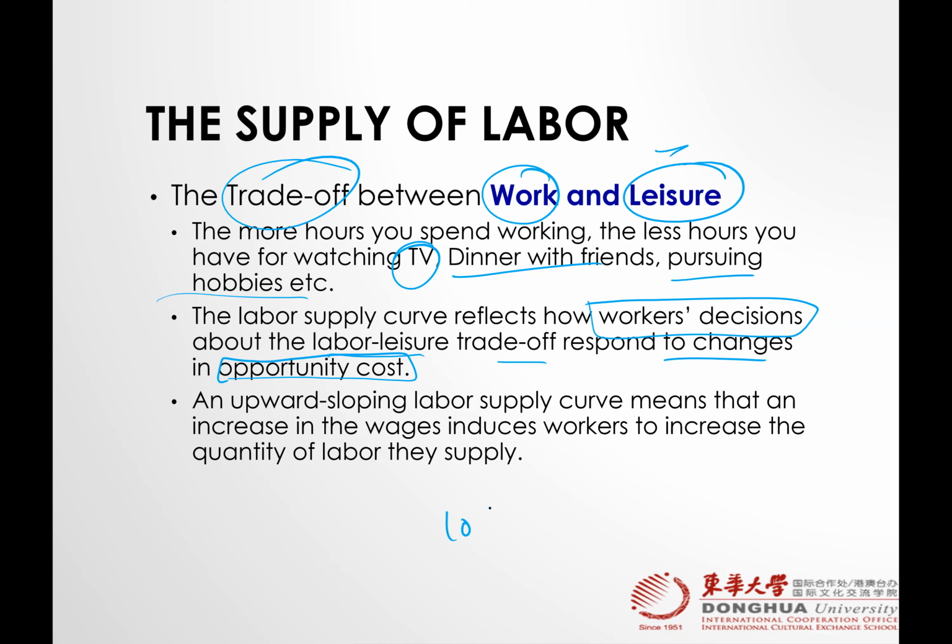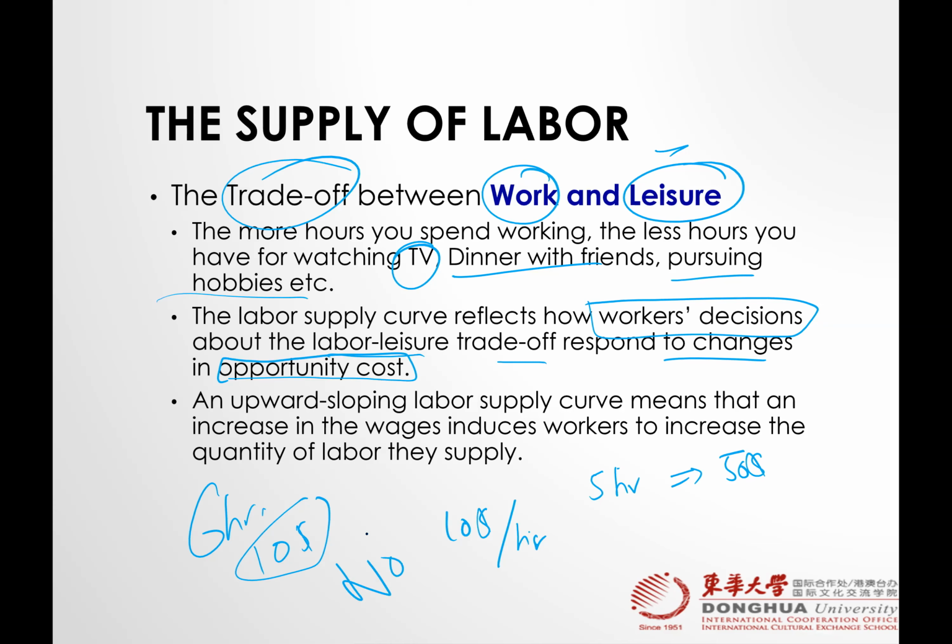For example, you are given $10 an hour, and you work for 5 hours a day, which means your daily salary is like $50. What if the company says, you work 6 hours and for the extra hour we pay you $10? You say no. But what if the company says we are going to give you $20 for the 6th hour?